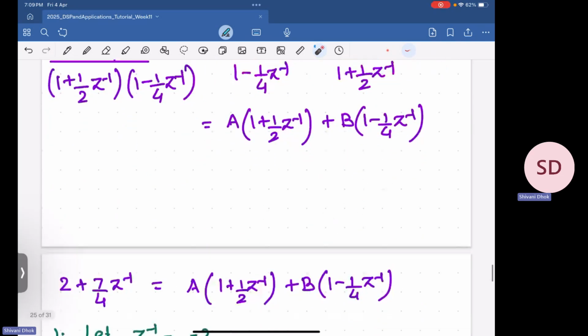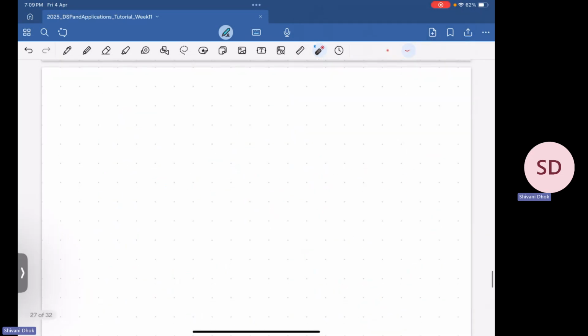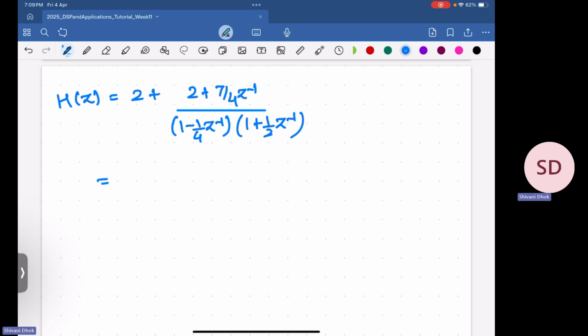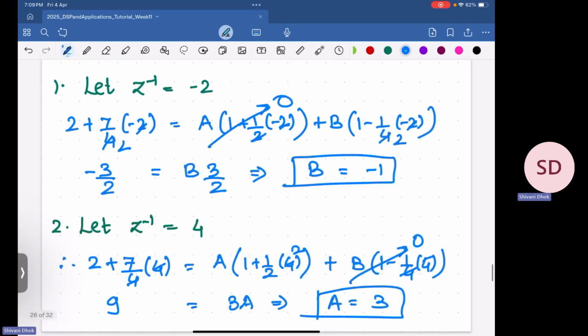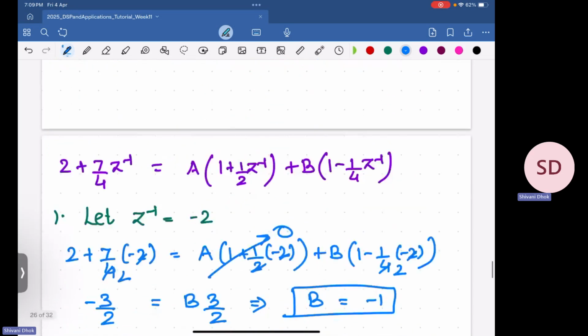Okay, so let me add a page. So we had our H of z as 2 plus (2 plus 7 by 4 z inverse) whole divided by (1 minus 1 by 4 z inverse) multiplied by (1 plus 1 by 2 z inverse), and this I had written as 2 plus a divided by 1 minus 1 by 4 z inverse, and a came out to be equal to 3.